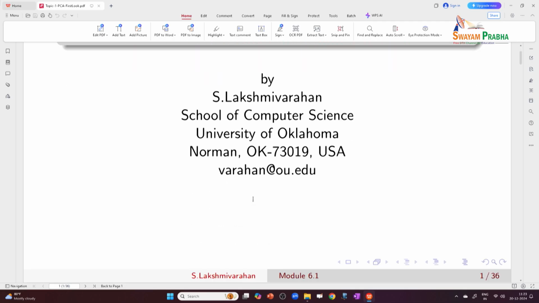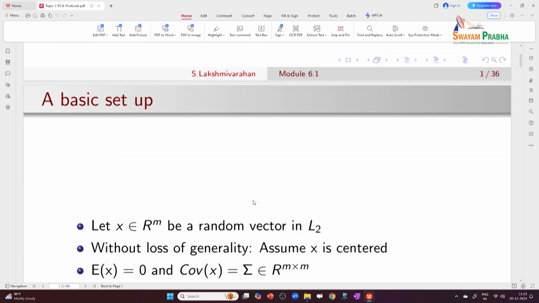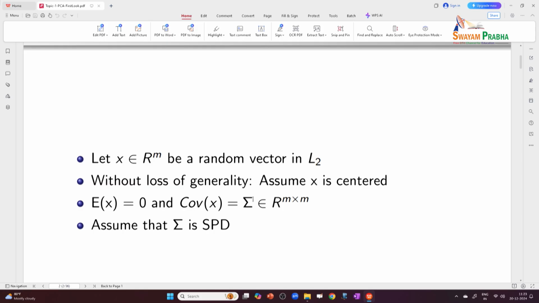So there are two types of approaches. One is called population-based PCA, another is called sample-based PCA. In the population-based PCA, I am going to assume X is a random variable, and I am going to talk about the properties of random variable as I exercise in probability theory. In the sampled version of PCA, it becomes statistical.